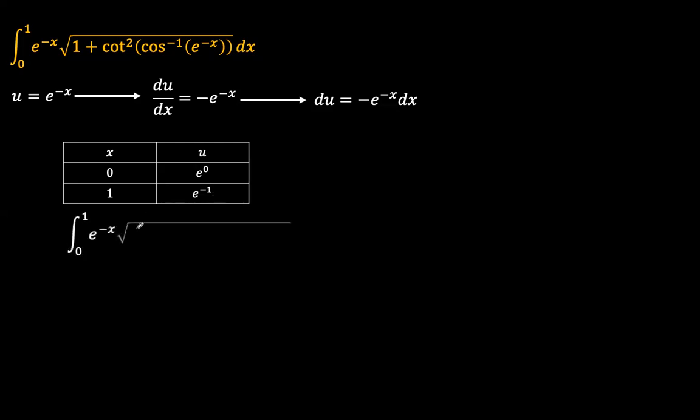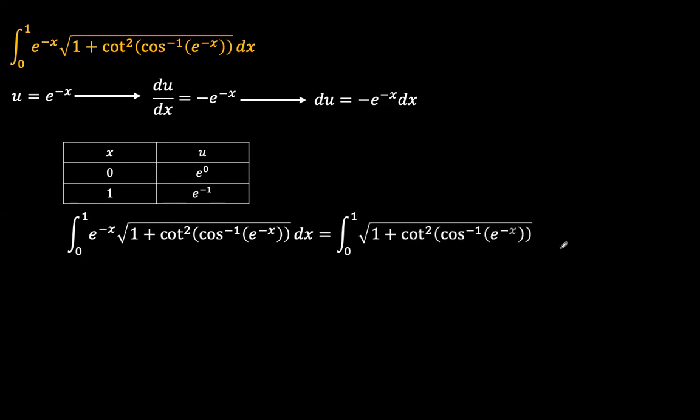So essentially, our integral here now, reorganizing a little bit, bunching this e to the power negative x and this dx together, this part can now be substituted with negative du, and this with 1, that is e to the power 0, and this with e to the power negative 1, and then this with u.